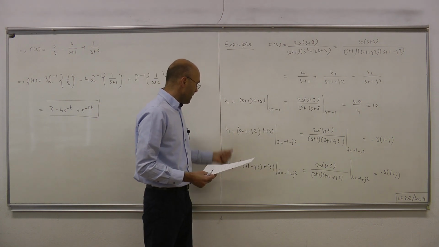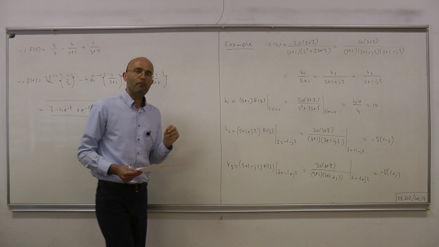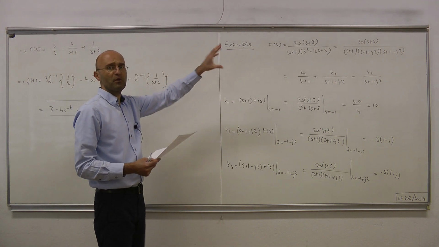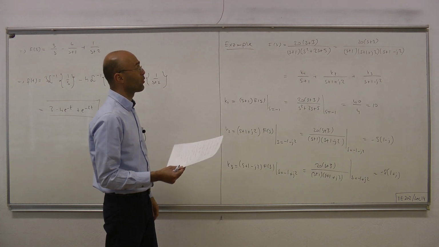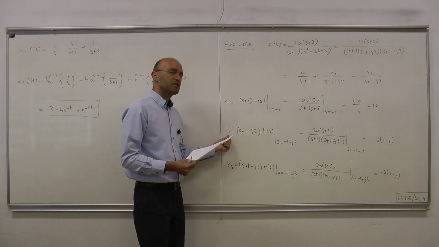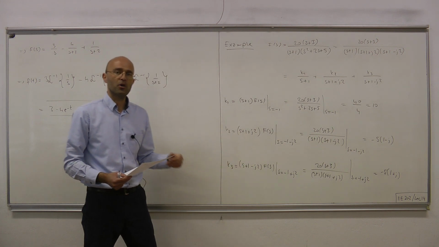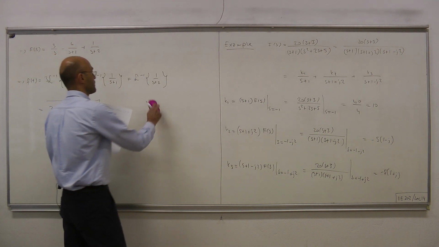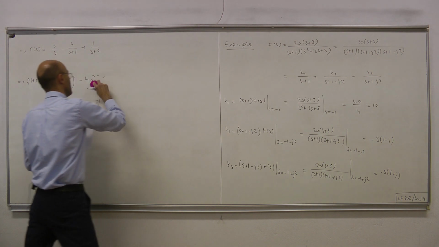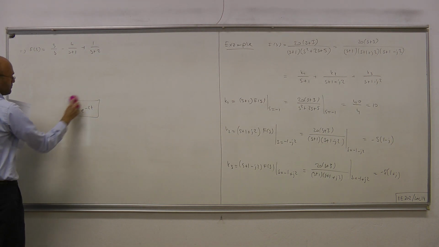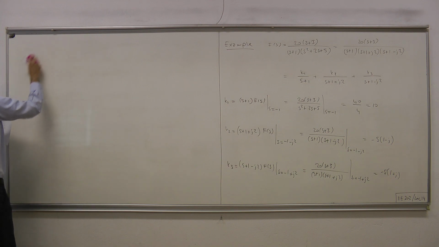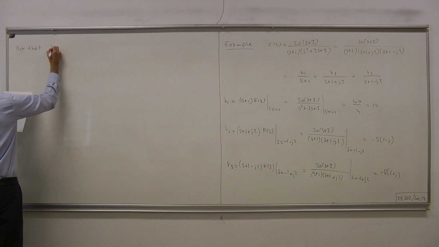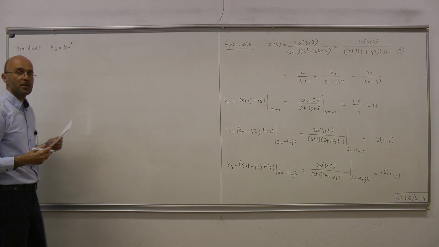The reason is that they are the residues corresponding to a complex conjugate pair of poles. Since we'll always be working with real valued, real coefficient polynomials, once you have computed k2, you don't have to compute k3, because k3 must automatically be the complex conjugate of k2. So let's put that remark down because it can be time saving. Note that k3 is the complex conjugate of k2.